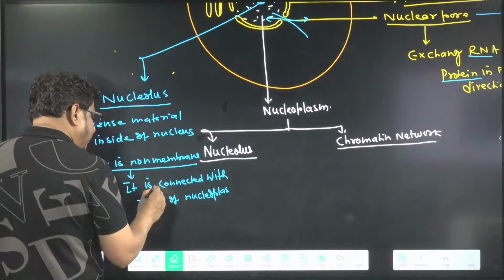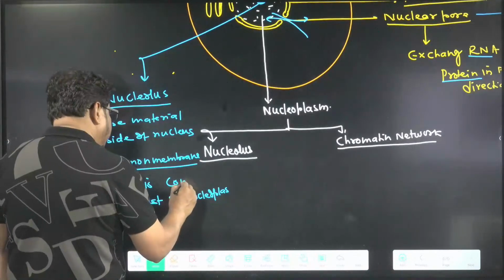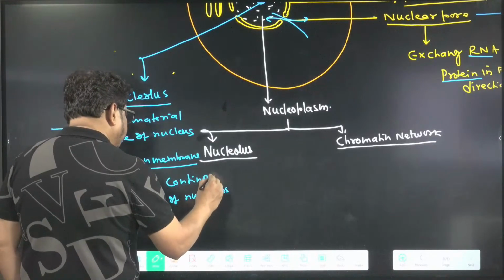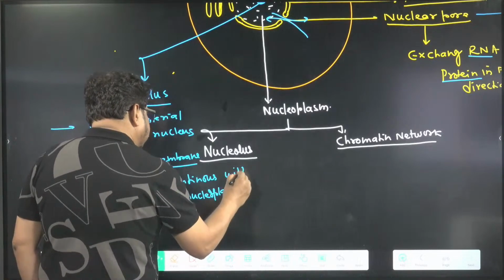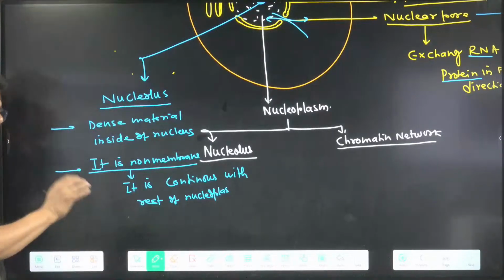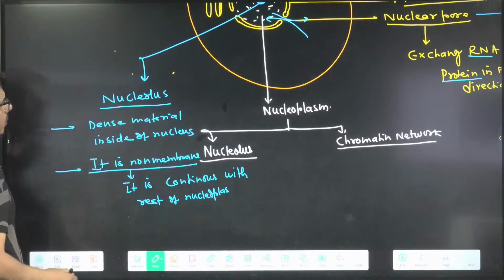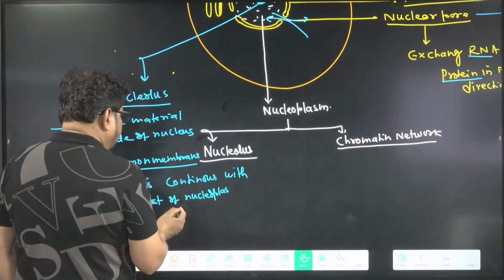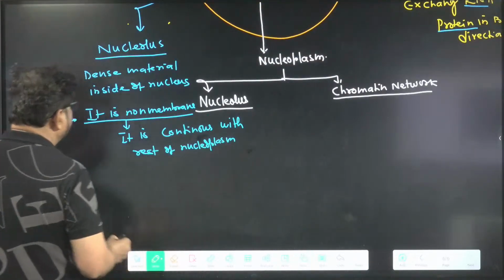I am writing the NCERT language: it is continuous with the rest of the nucleoplasm. You can consider continuous with as connected, means nucleoplasm is touching nucleolus. Able to understand or not? Clarity came in the mind.